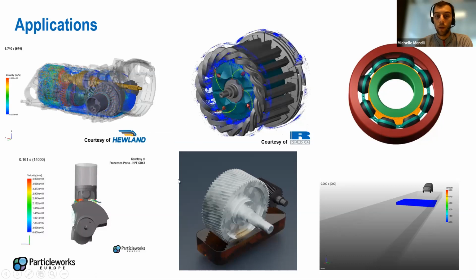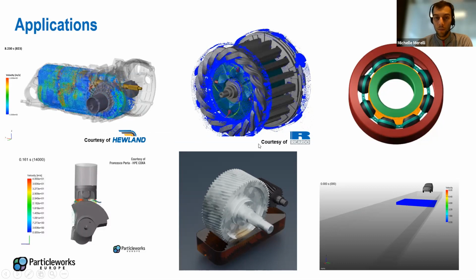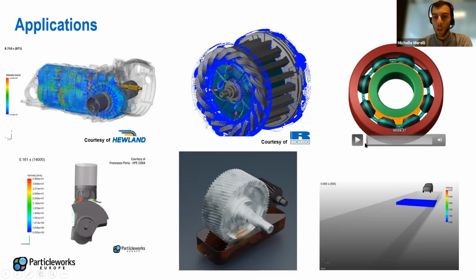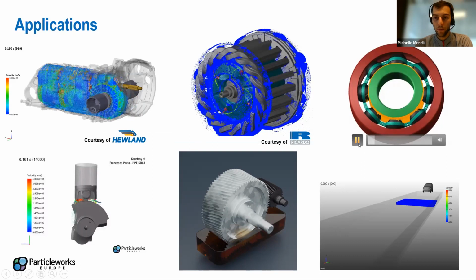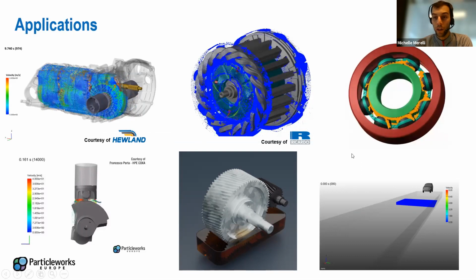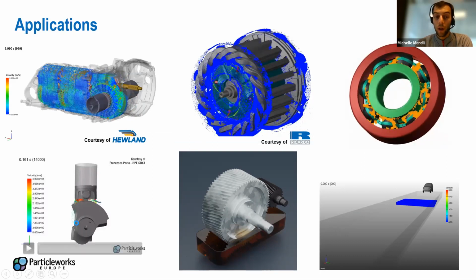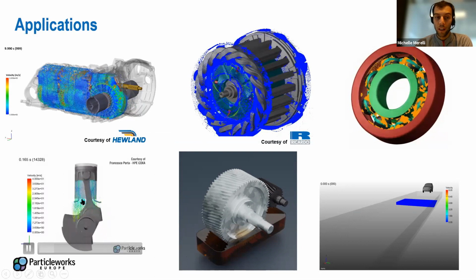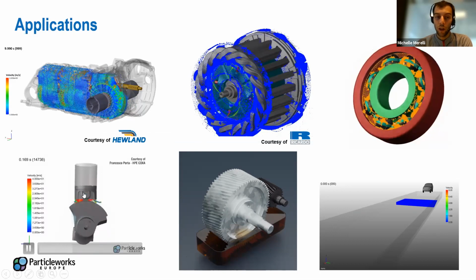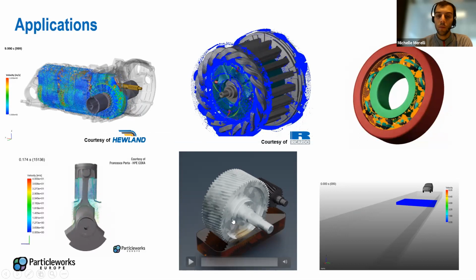Then we have, of course, e-motor cooling with the direct jets coming from the rotor, as in this case. We have bearing lubrication, also with non-Newtonian fluids. We have piston cooling with jets directly impinging on the piston.